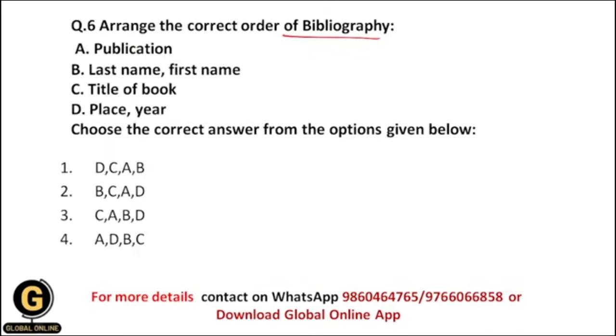Now again here they have asked you about the correct order of writing a bibliography. So again within bibliography the same rule applies. So let us see over here. Publication, then last name, first name, then title of book, then place and year. So students, whenever you write the bibliography, again you need to write the last name of the author, then the first name of the author, then the title of the book.